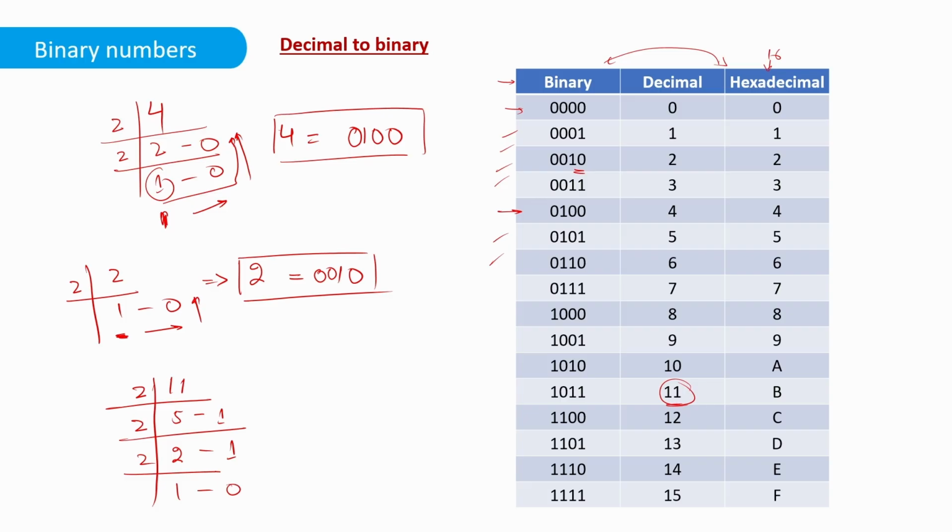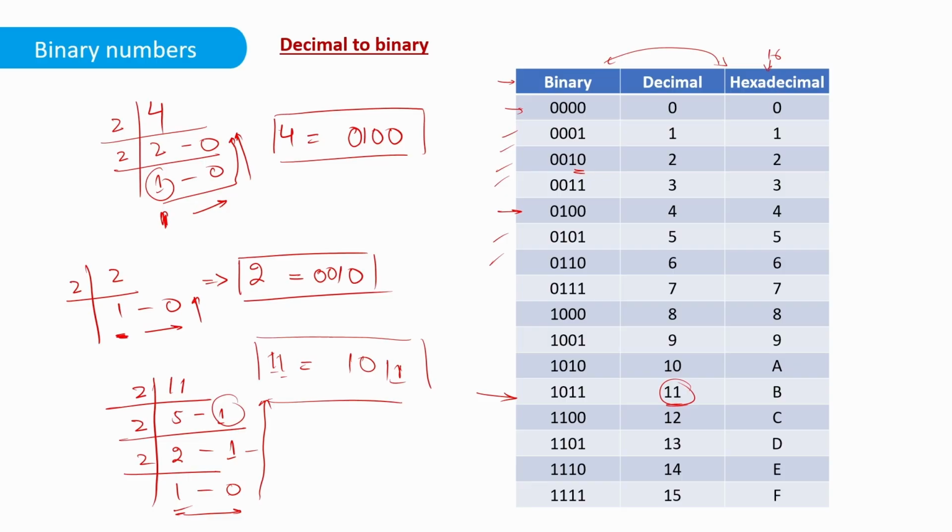So 11 in decimal can be written by starting from this number, moving towards the right-hand side, and then toward the top side. So this becomes 1, then we have 0, then we have 1, and then we have 1 again. So 11 in decimal is equal to 1011. So we can see it over here. So this is how we convert from decimal to binary numbers.